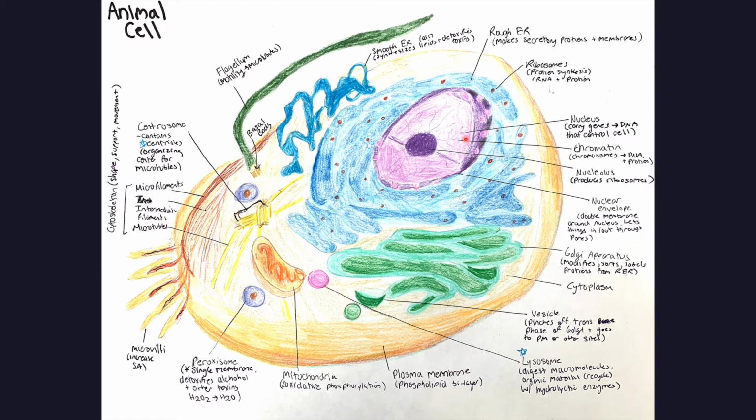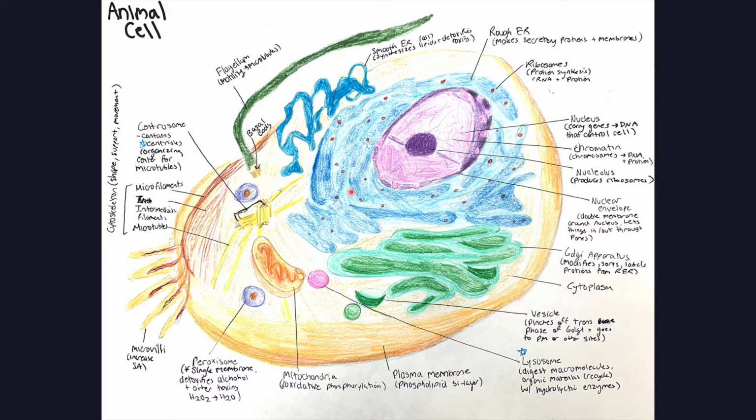DNA is organized as chromatin. Condensed chromatin forms chromosomes. The nucleolus produces ribosomes. The nuclear envelope is a double membrane around the nucleus.